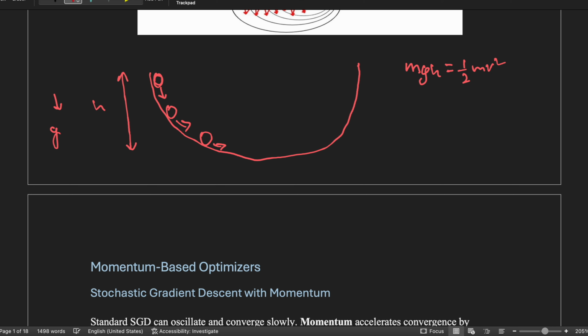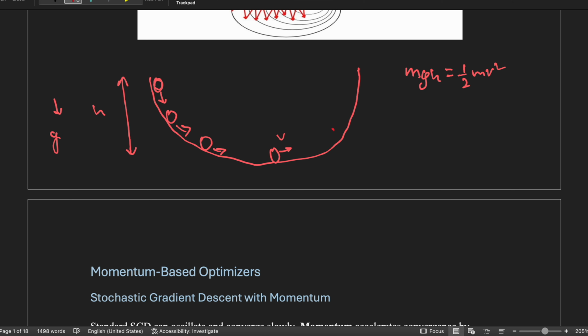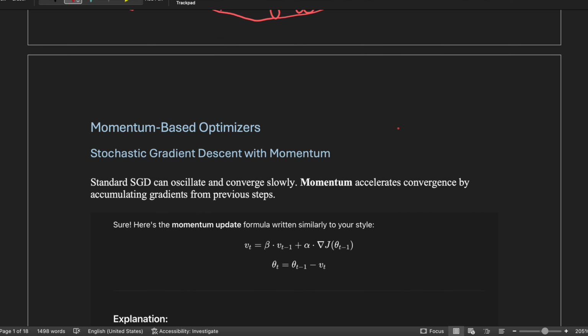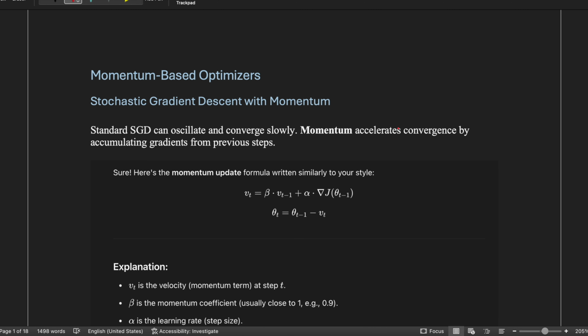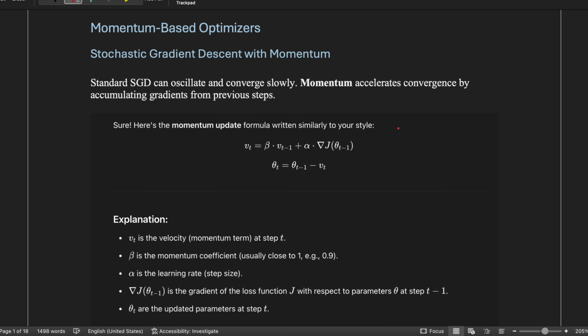So you have a velocity v here. Because of this velocity v, the ball will go up again and oscillate before it settles down, going from here to this side and back. So it will be settling down. The same thing is happening, so momentum can be compared with momentum from physics. Now you have a basic idea of what's happening.